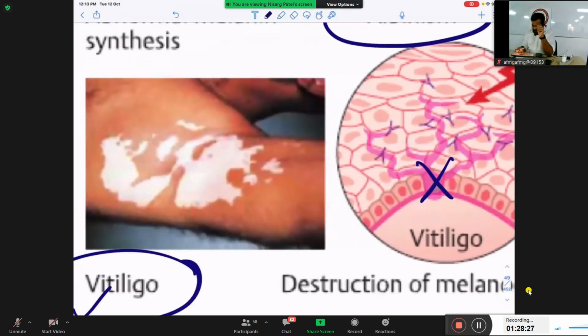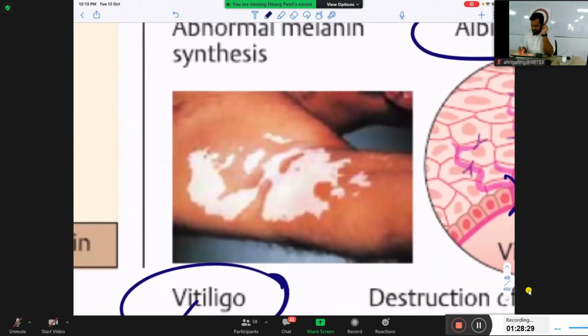If I take a biopsy from this area, I will notice there is no melanocyte, there is no melanin. But if I take it from the normal area where autoimmunity has not killed the melanocyte, I will see melanocyte present, and I will see melanin present. But in the affected area, there is no melanocyte.